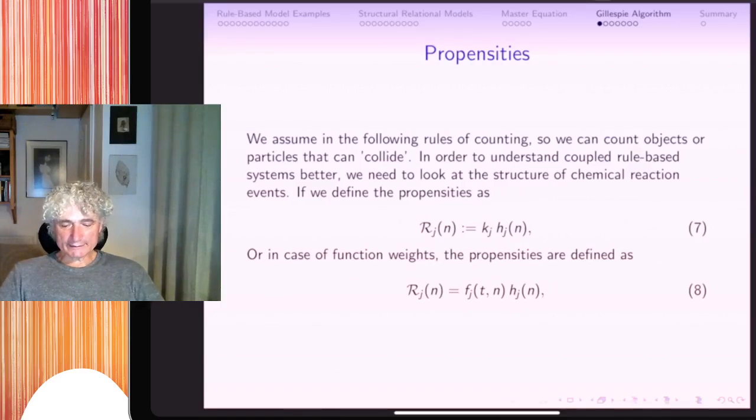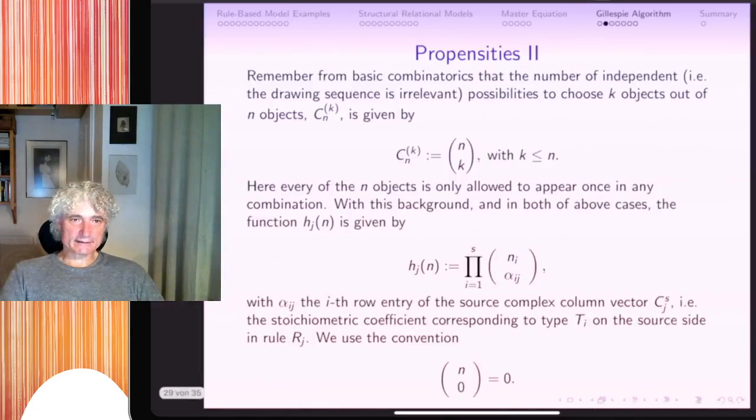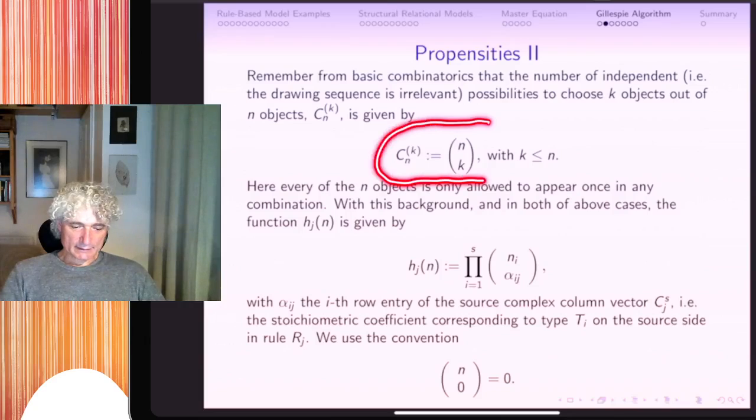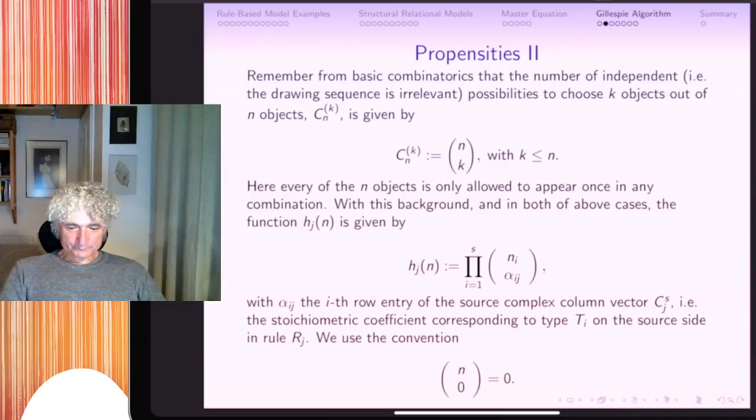So how are these h_j's defined in case of rules of counting, so you can count objects? Well, it is just given by this simple formula here.